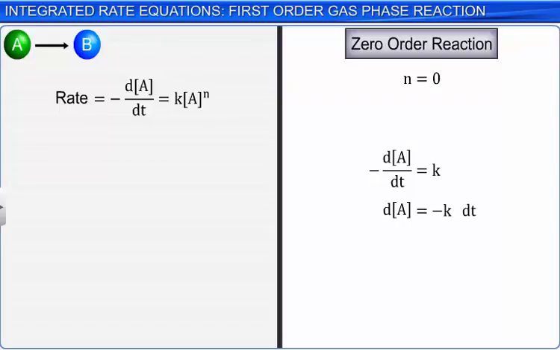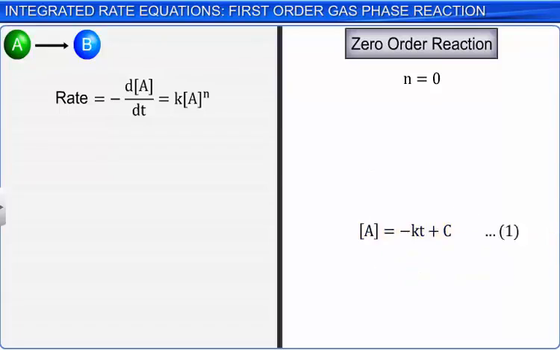On integrating both the sides, we get concentration of A is equal to minus Kt plus C, where C is the constant of integration. Let this be equation 1.